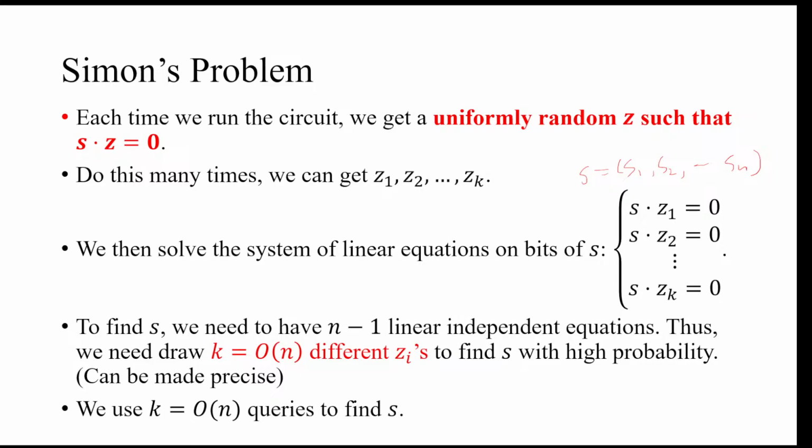So that's our result: we can use order n queries to find s with high probability. That's our quantum algorithm for Simon's problem.